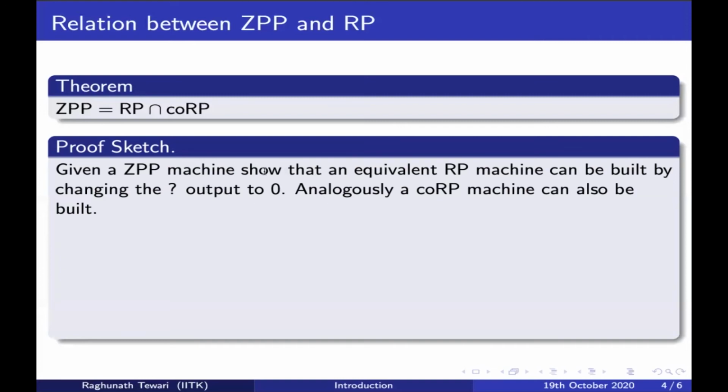Analogously, you can also convert a ZPP machine to a coRP machine. So this proves that if a language L is in ZPP, then it belongs to RP as well as coRP, so it is in RP intersection coRP.